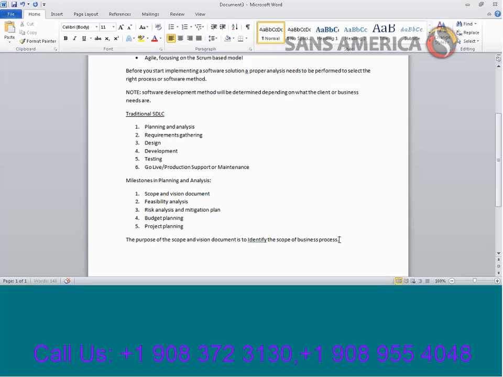Here, I'm identifying the business process, saying this is what I'm going to implement, but I'm also saying that I'm not going to give you everything. I'm going to implement 10 things, but these 3 things or 3 features will not be delivered.